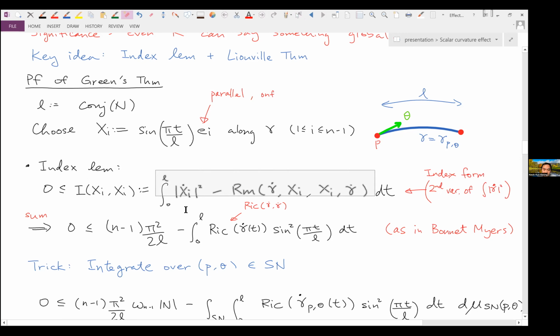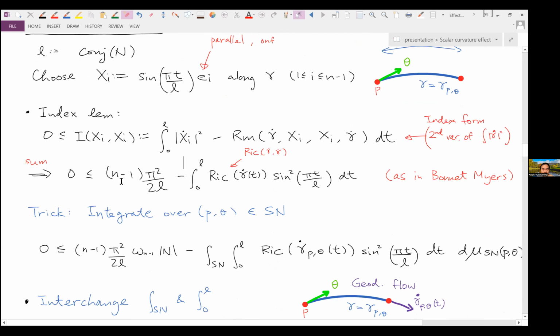So basically the energy of the vector field minus a curvature term. So you'll notice that this is the sectional curvature. So if we take the trace, then we'll get the Ricci curvature for this term, because Ricci is the trace of the Riemannian curvature tensor. And so this term we can actually compute very explicitly. So up to this step, this is very similar to the Bonnet-Myers theorem proof. But then this is the Ricci curvature, not the scalar curvature.